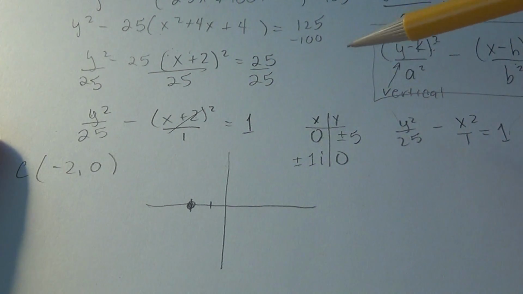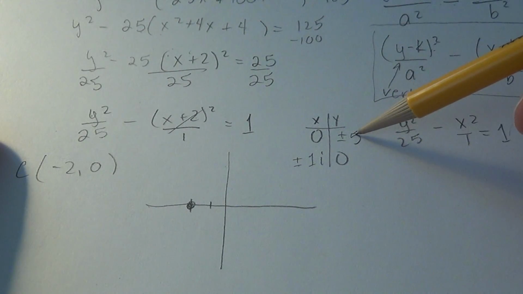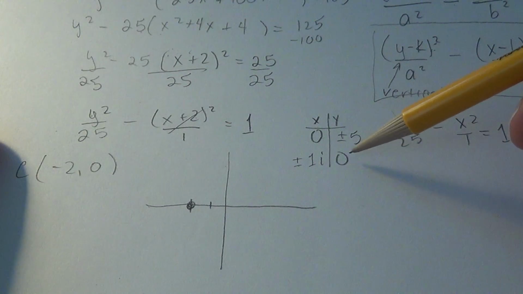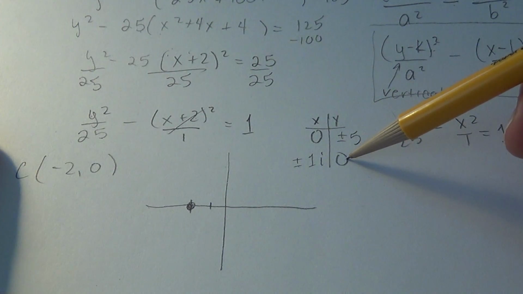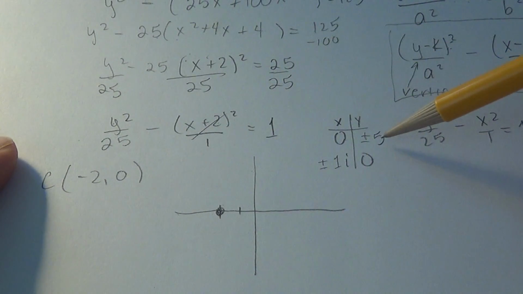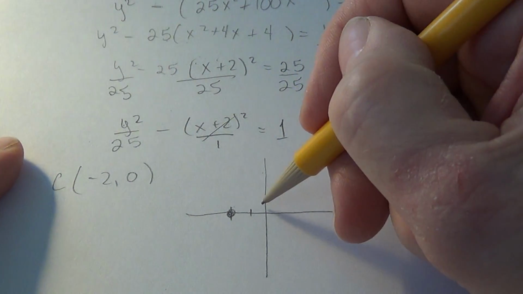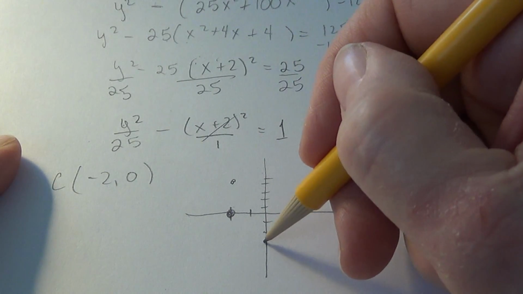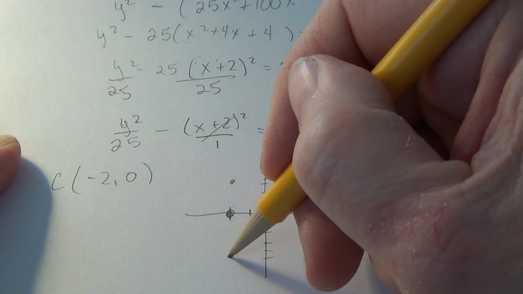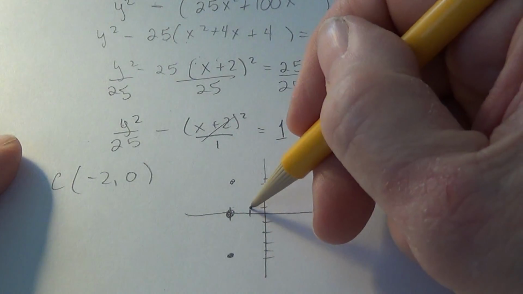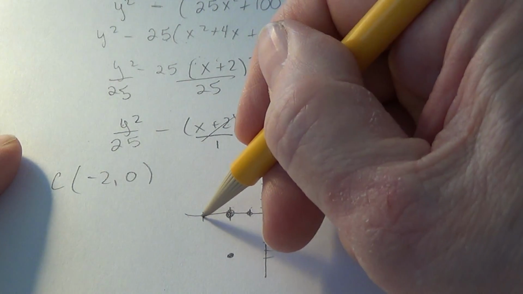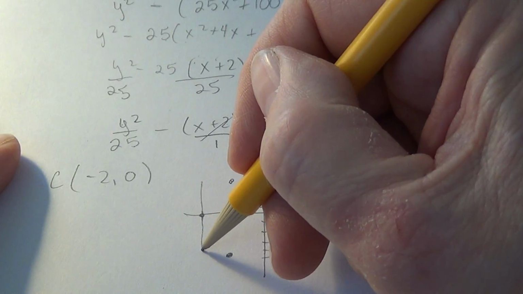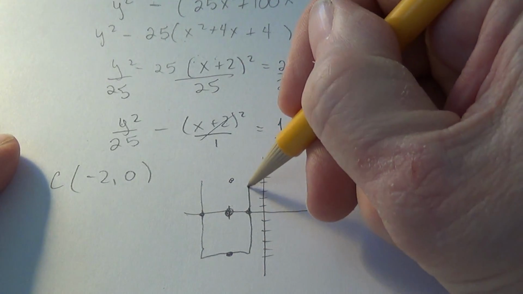This tells us this point will be on the actual hyperbola. This one will not, but it'll help us get the box. So from the center, we're going to go up 5 and down 5, over 1, over 1. Make our box.